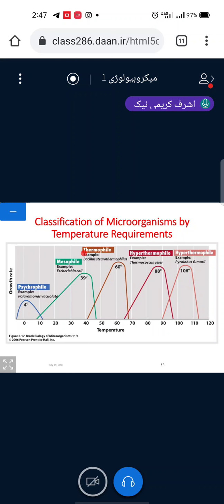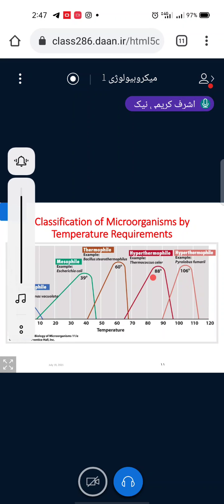For thermophiles, the best temperature for these organisms is 60 centigrade. Then hyperthermophile, with the best temperature in this state being 88.